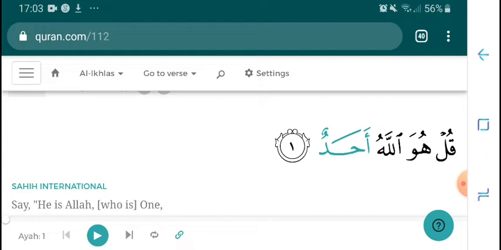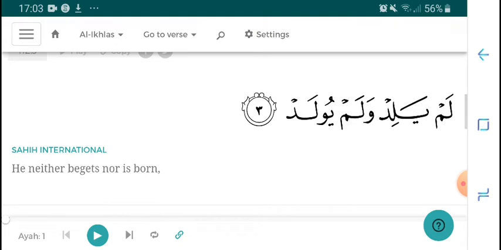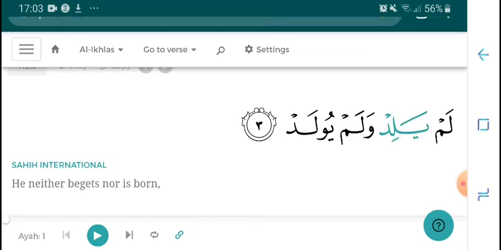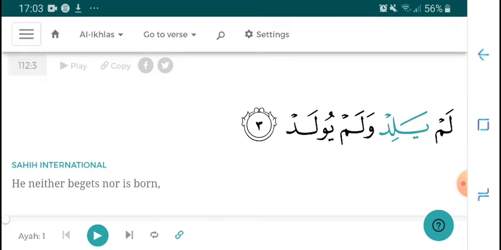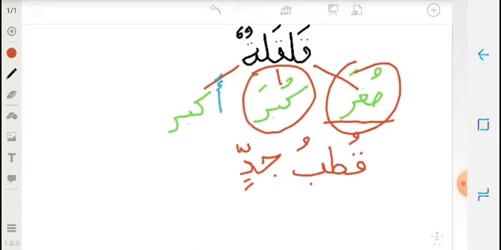Again, Qalqalah is applied there. There is a verse on the third one which also has Qalqalah. Lam yalid wa lam yulad. Again, Qalqalah is produced here. So it's an echo.